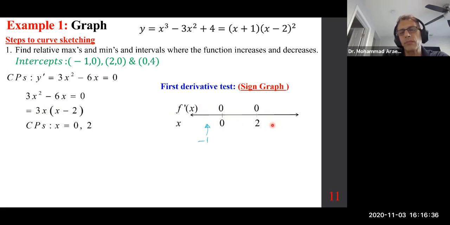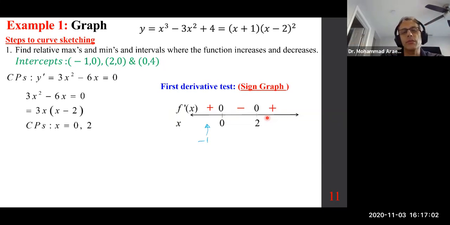You can do the rest in the same manner. Between 0 and 2, pick 1. After 2, pick 3, or just remember what I told you and why they alternate, okay? When you are dealing with a polynomial of this form and the degree on each case is odd, then they alternate. Otherwise, it doesn't. So just take a test point to be on the safe side.